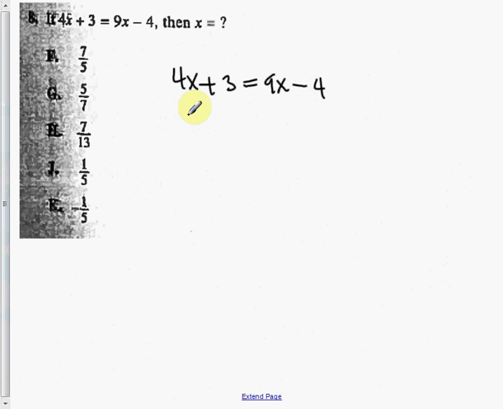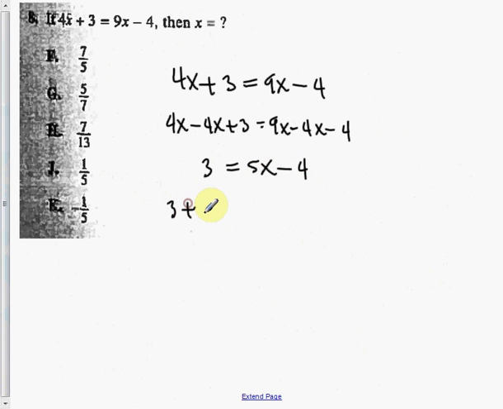So you do that. We get 4x minus 4x plus 3 is equal to 9x minus 4x minus 4. So it gives us 3 is equal to 5x minus 4. Add the 4 on both sides.